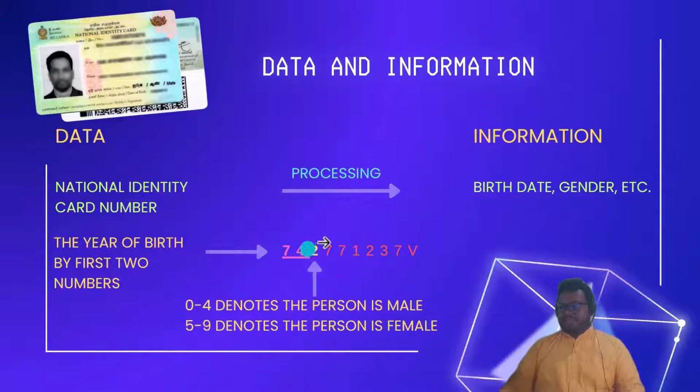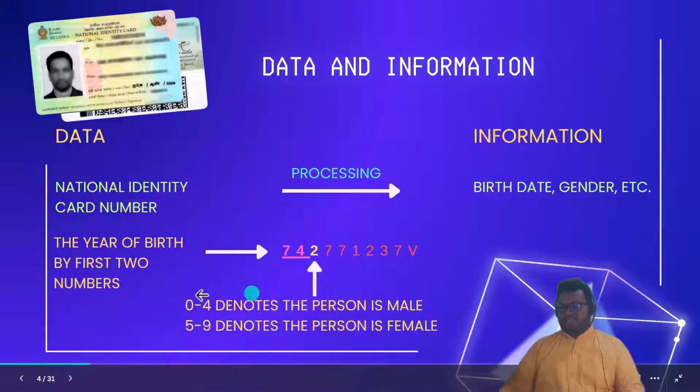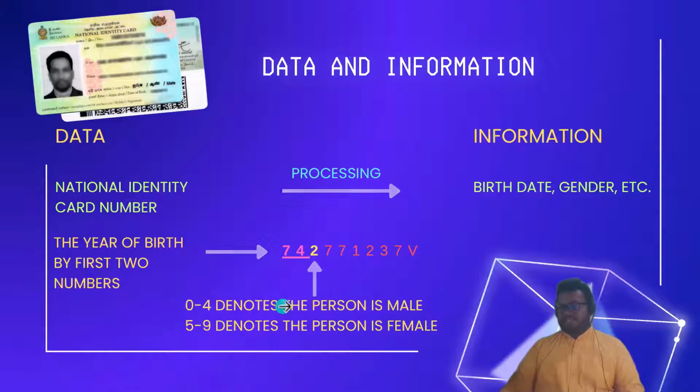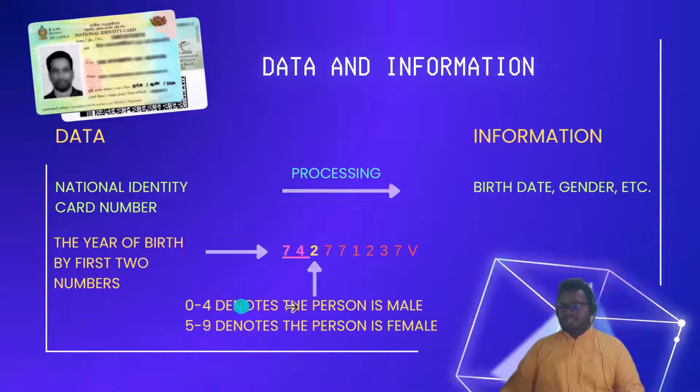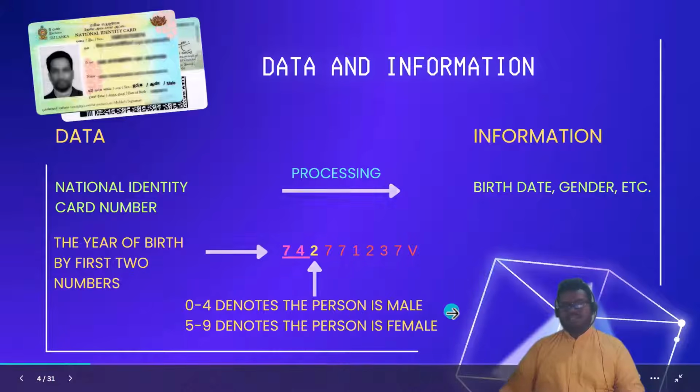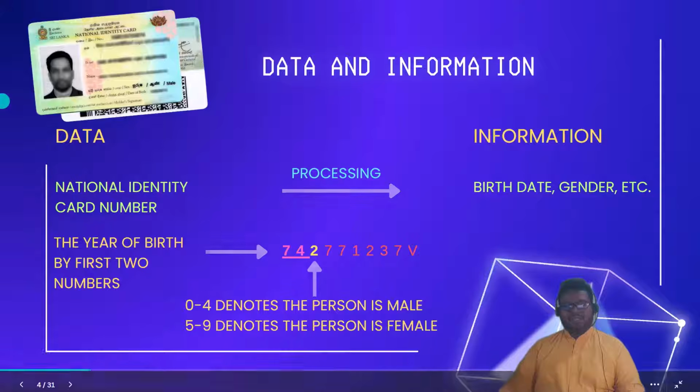The yellow colored number is 2. If that number is in the 0 to 4 range, that person is male. If that number is in the 5 to 9 range, that person is female. According to this example, 2 belongs to the first range, 0 to 4 range. This person is a male. Can you understand what I am saying?